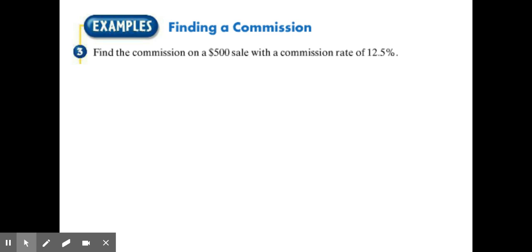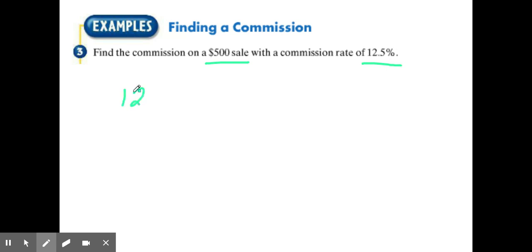People who sell things, furniture, medical supplies, they will often work off of commission. So a salesperson made $500 in sales. That's how much he sold. His commission is 12.5% of that $500. So of the $500, he gets to keep 12.5% of that. Well, how much is that?